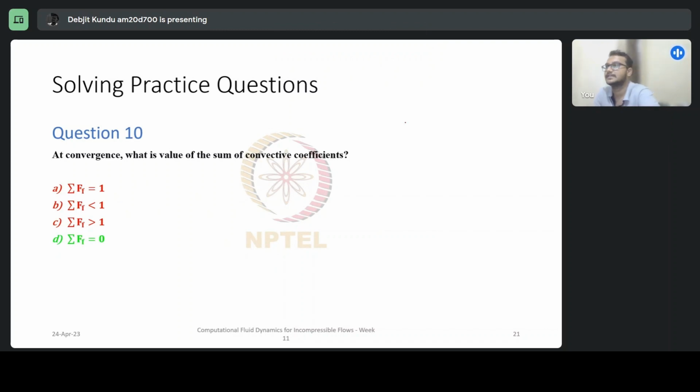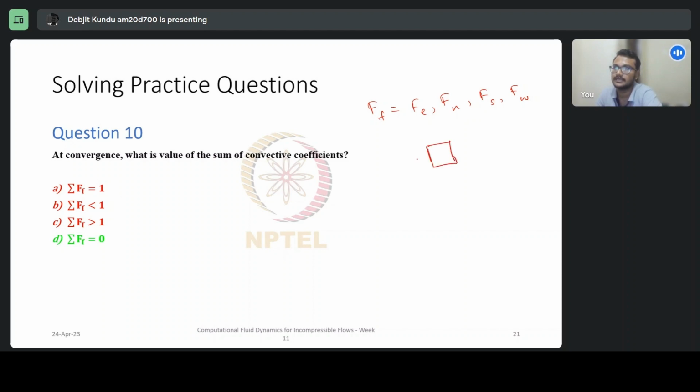So basically these Ffs are nothing but the Fe, Fn, Fs, and Fw, and so on. So these are nothing but the flow through the cells.